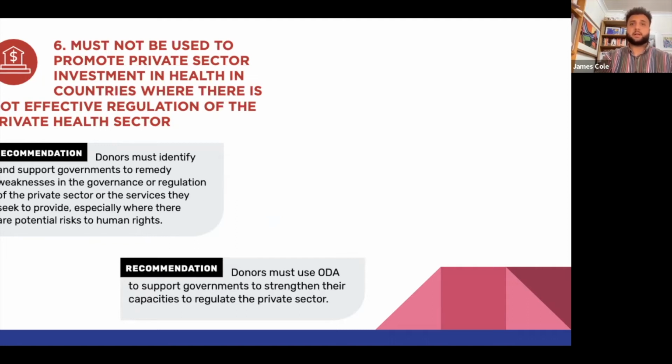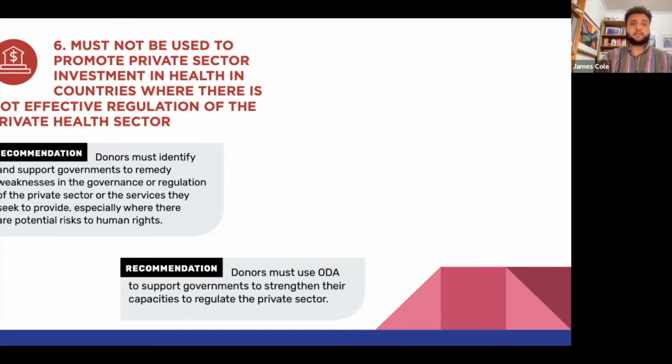And in addition, we think there's a role for donors to identify and support governments to remedy any weaknesses in the governance or the regulation of the private sector or the services that they indeed seek to provide, especially where there are potential risks to human rights.